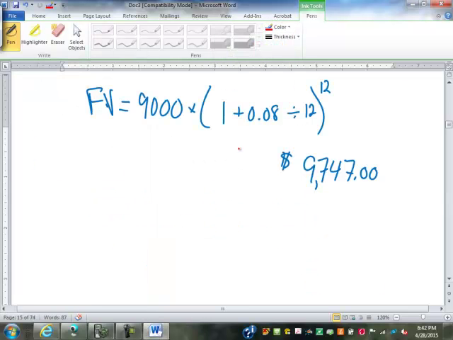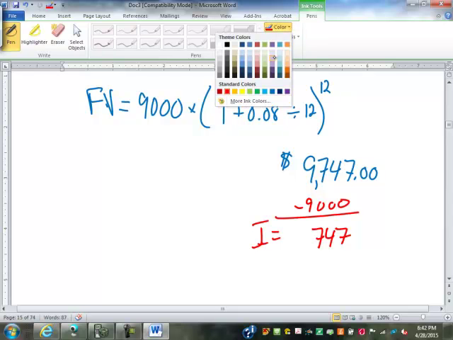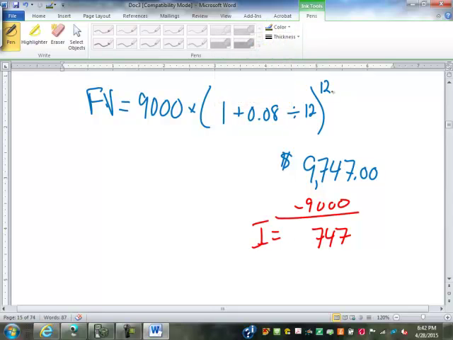Now what? That's the future value. We only care about the interest. So we subtract to get $747 in interest. Now we can do the effective rate.